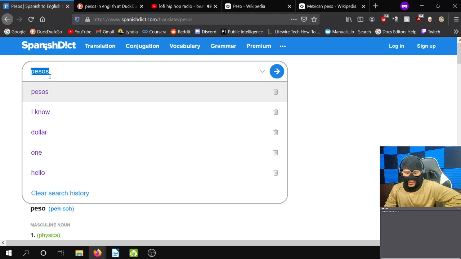So right here, pesos, which is a money currency or coins. I'd like to chunk it into two. Pesos. I like to chunk it into two because the SOS stands out the most, because I could just instantly remember that.